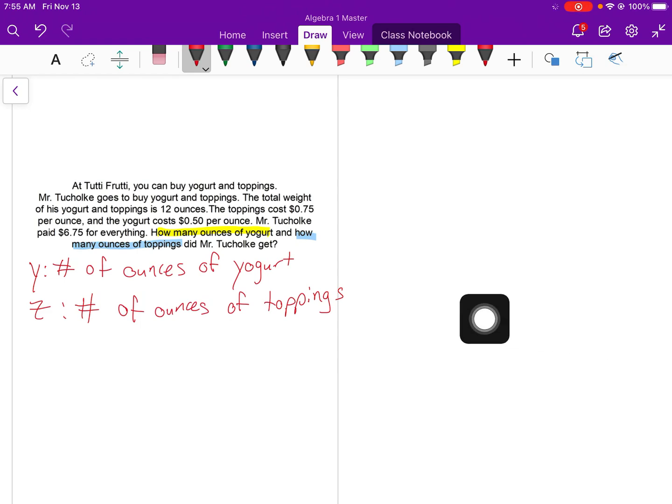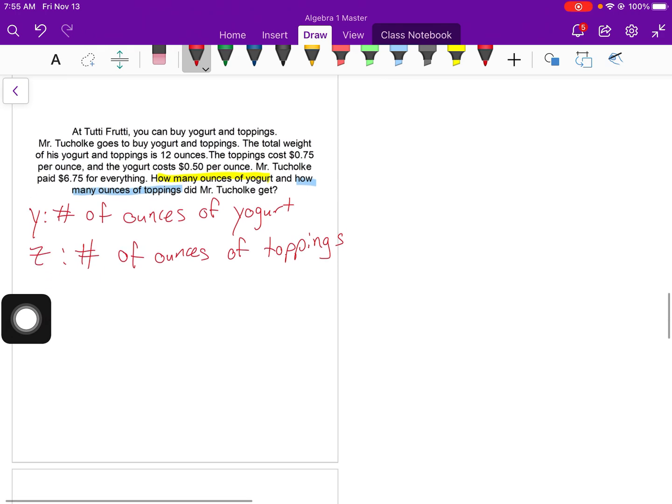I said we always need the number of. Technically, in this case, we don't need number of because ounces is always going to be a number. So I'm saying a number of a number of ounces, basically. But it's a good habit to just get into having a number of, because we always want our variable to represent a number. So if I put these number of ounces together, I know that I have 12 total ounces: y + z = 12.